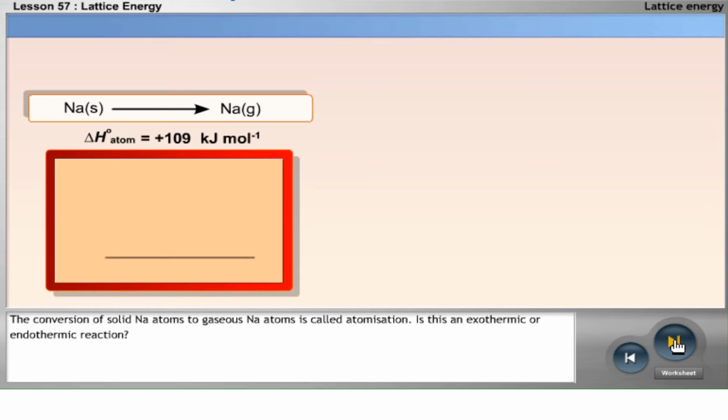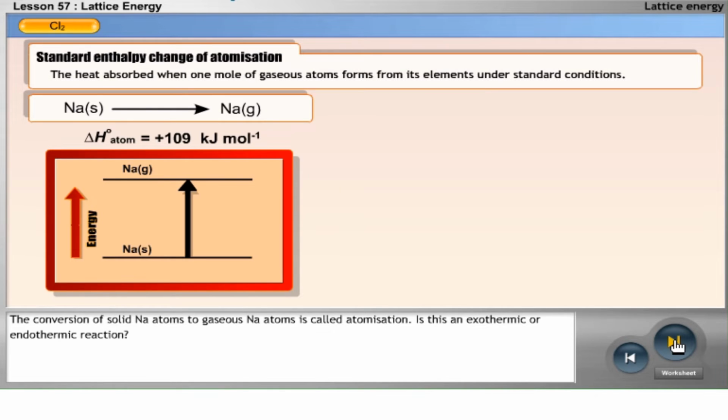The conversion of solid atom to gaseous atom is called atomization. Is this an exothermic or endothermic reaction?